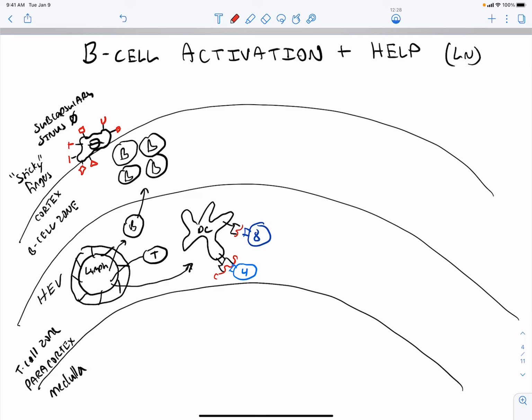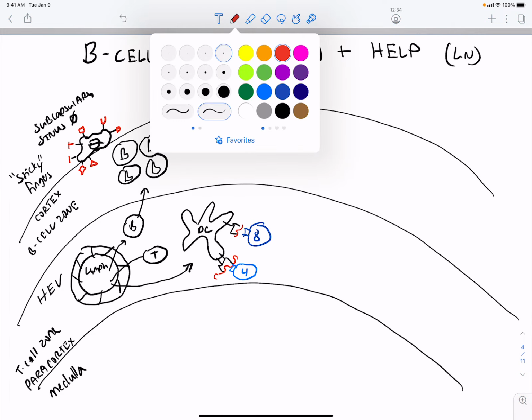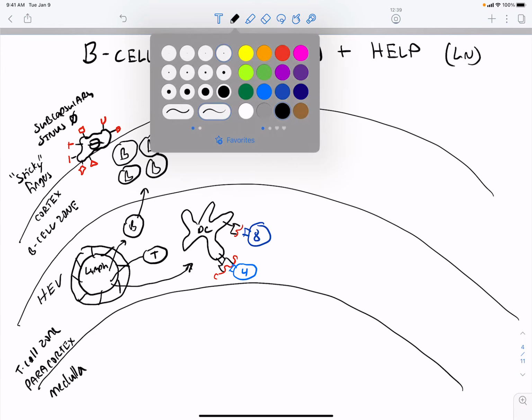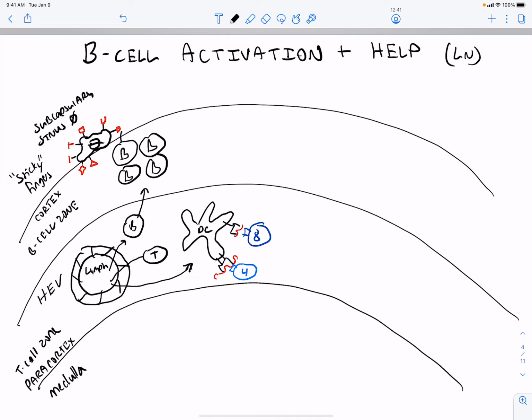And so the B cells will sample these sticky fingers on these subcapsular sinus macrophages, and some of them might be specific for one. So let's just say that this B cell here has a B cell receptor that will bind to that little circle. And so this B cell will now be selected.